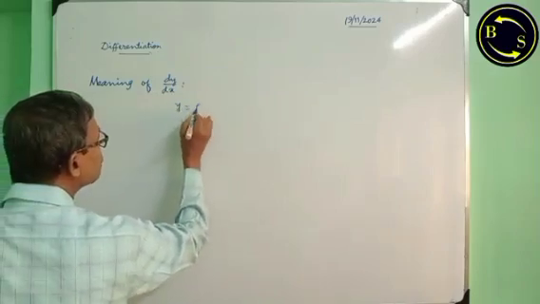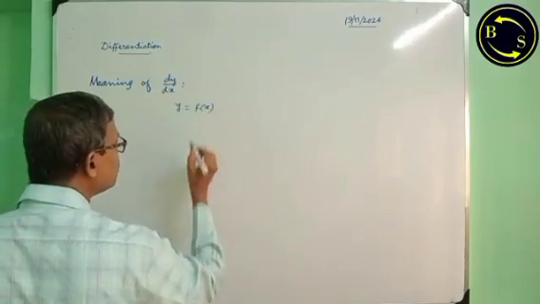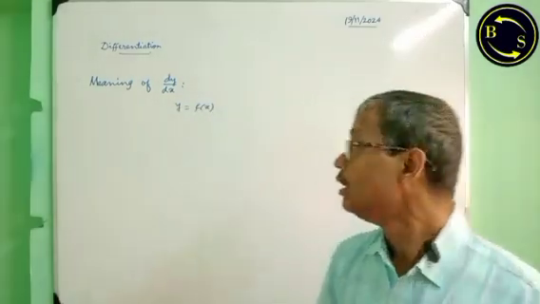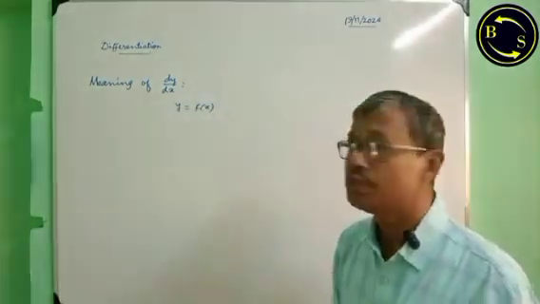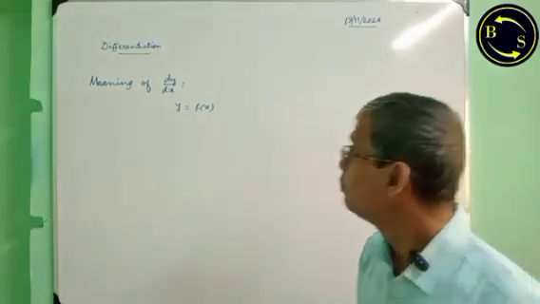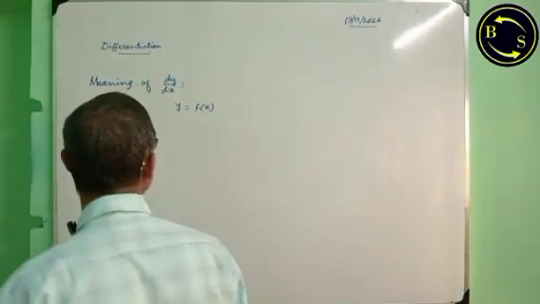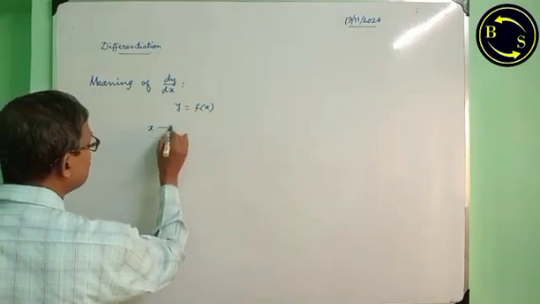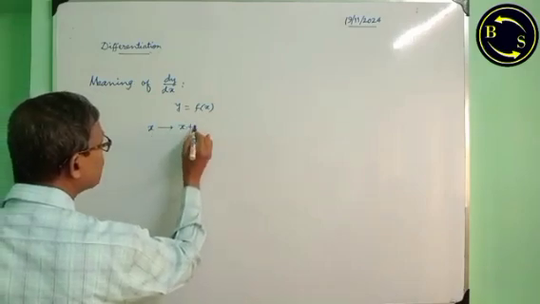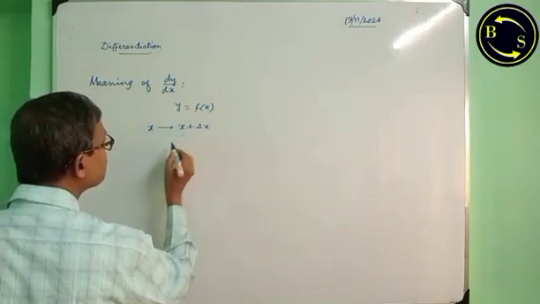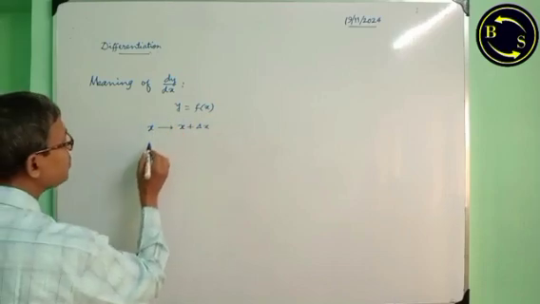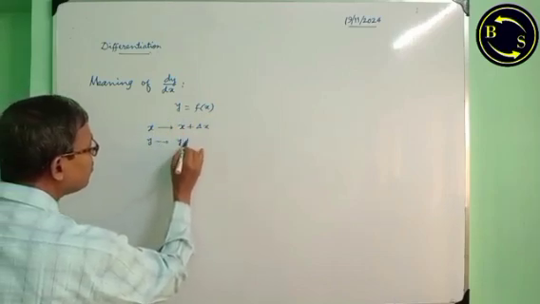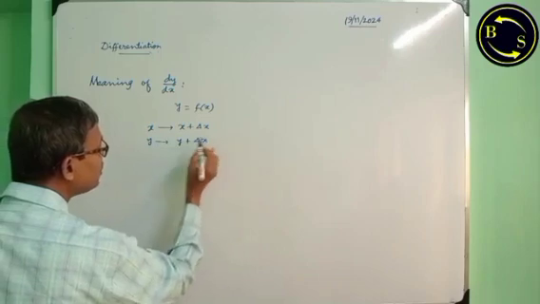y is a function of x. Already it is discussed, f of x is taken to be single valued. Now, corresponding to the change of x, that is x takes the value x plus delta x, and the corresponding changed value of y is y plus delta y.